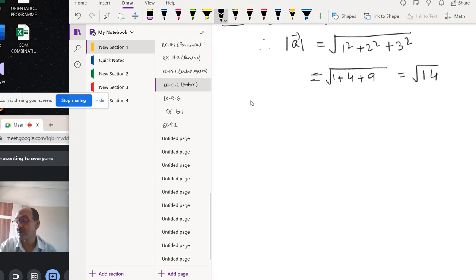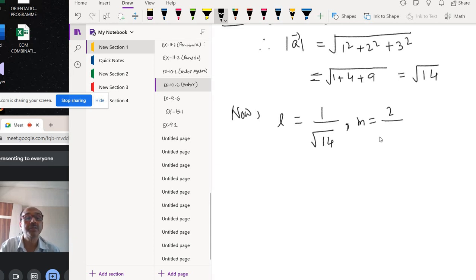Now l, m, n are the direction cosines. So l equal to, coefficient of i is 1, that is 1 by root 14. m equal to, coefficient of j is 2, so 2 by root 14.